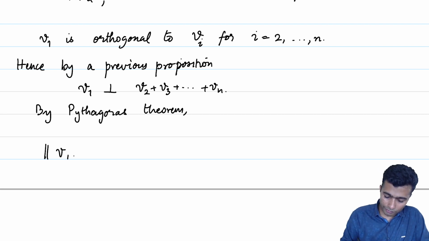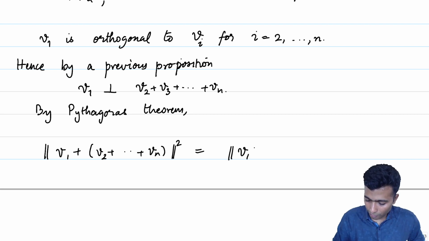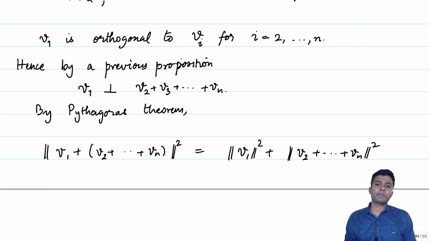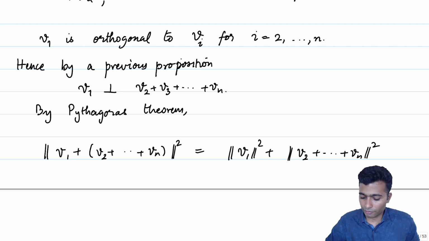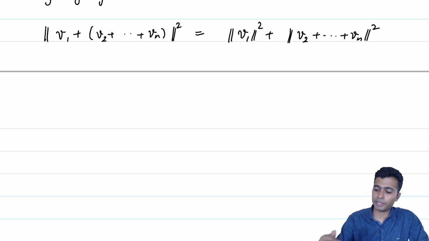The length of V1 plus V2 plus up to Vn, the whole square, is nothing but the length of V1 square plus the length of V2 plus up to Vn square. But by the induction hypothesis, we have already assumed that the result is true for up to n minus 1.